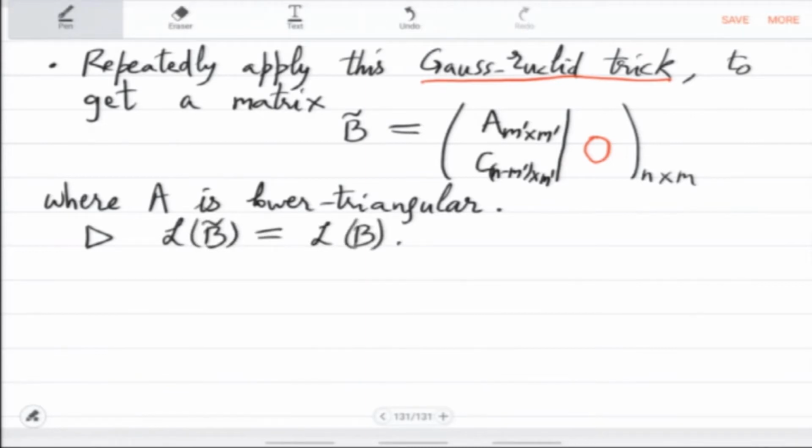So we have a very nice structural property here. What we have shown is that given any input vectors with integral entries, we can reduce them, without changing the lattice, to linearly independent ones. So A is lower triangular and invertible.